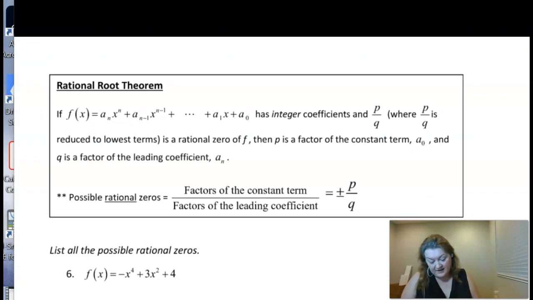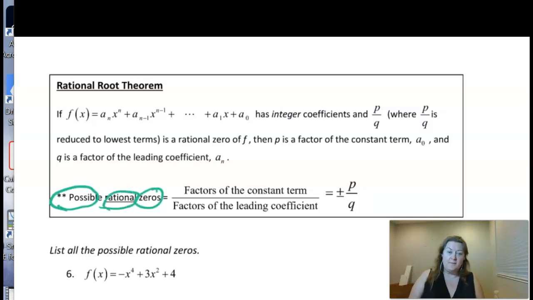Okay? So the rational root theorem basically says, here is how you find your possible rational zeros. So this is like our fallback if nothing else has worked for us. We've tried to do factoring, we've tried to do grouping, and we're still really struggling. Okay? This works better when the powers are higher, because if it's lower, we could always do quadratic formula if it was an x squared, right?